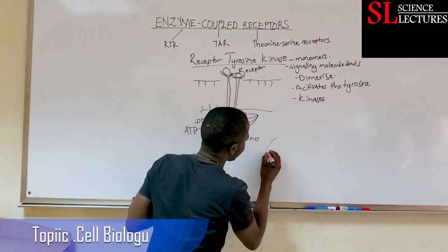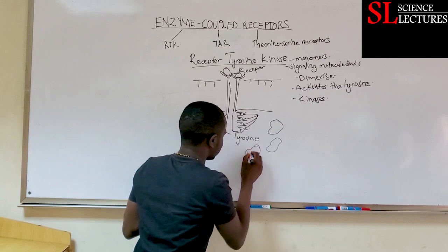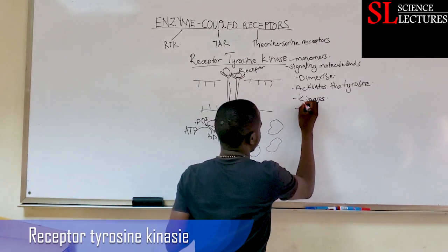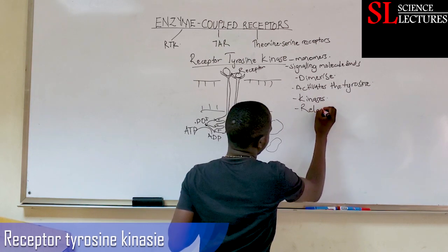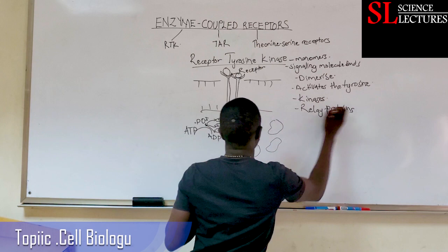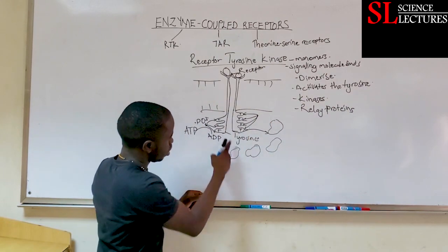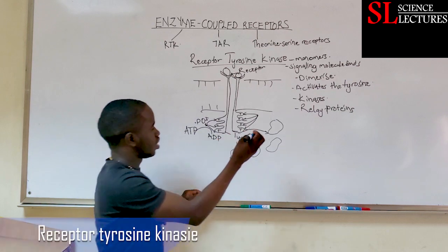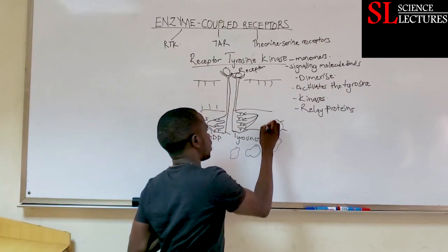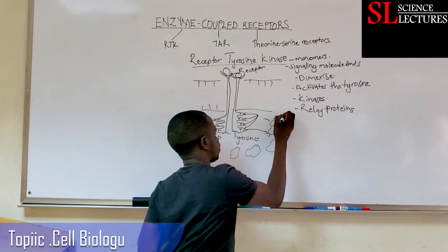We have some freely floating proteins within our cell cytoplasm, what we call relay proteins. These relay proteins shall come and pick phosphates from these tyrosine proteins. So they will also be activated, but the activation shall be a result of additional phosphates.